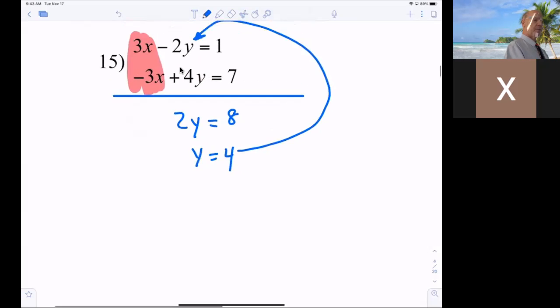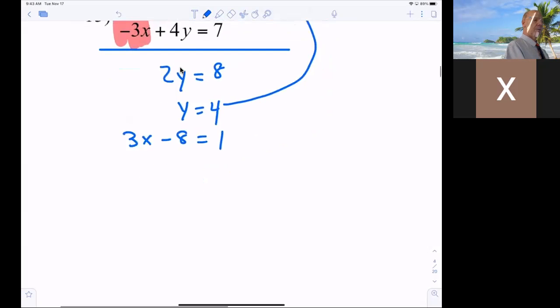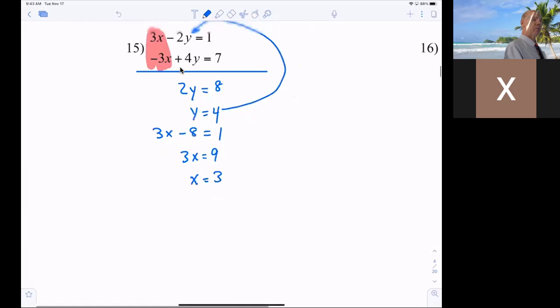So 3x minus 8 equals 1. So 3x equals 9. So x equals 3, so my solution is 3 comma 4.